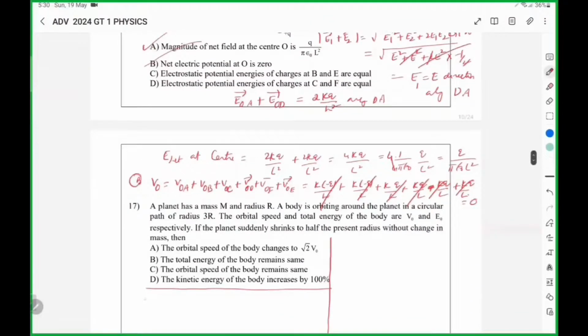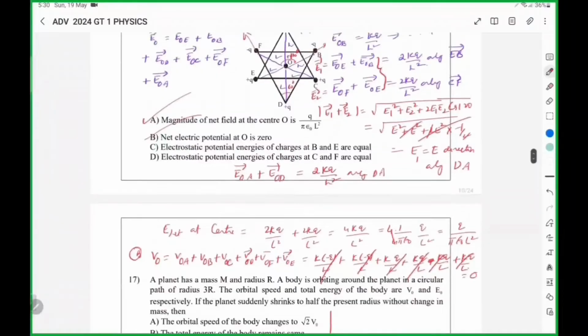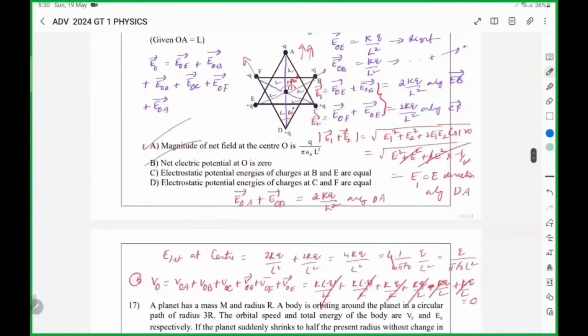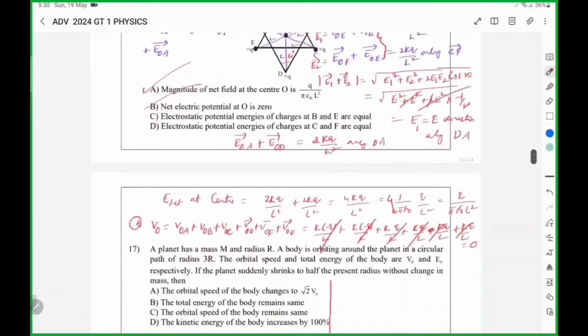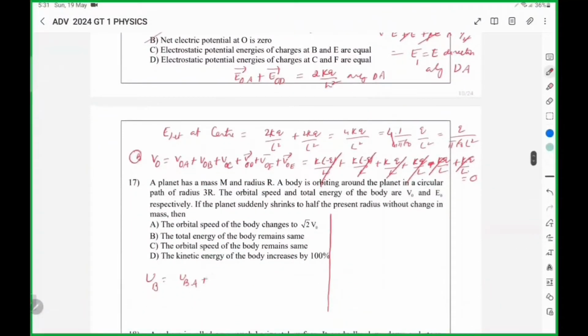That is electrostatic potential energy of Q at B, which will be the potential energy due to the charge present at A plus UB at C, UB at D, UB at E plus UB at F.